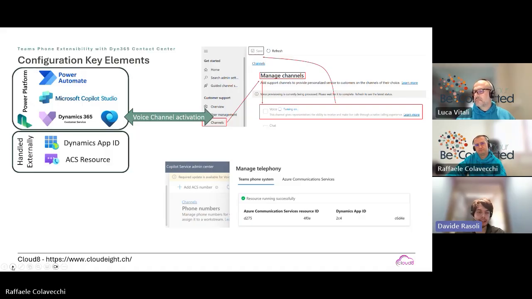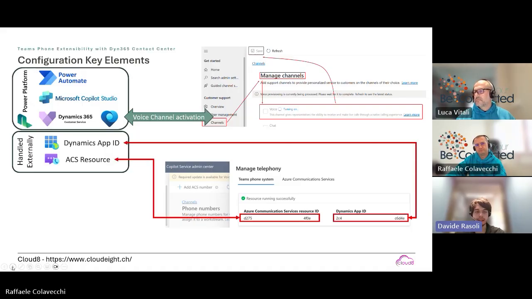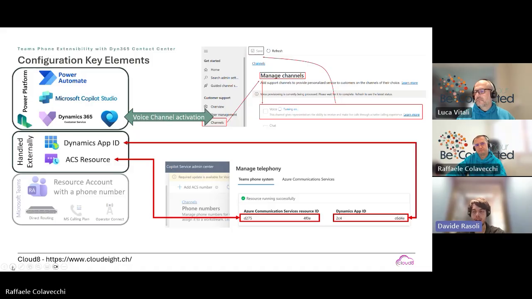And the calls to this ACS resource are routed through Microsoft Teams with the resource account element. For who doesn't know, resource accounts are basically Microsoft 365 accounts with a specific license that allows for routing calls in the Microsoft Teams environment to automatic answer.